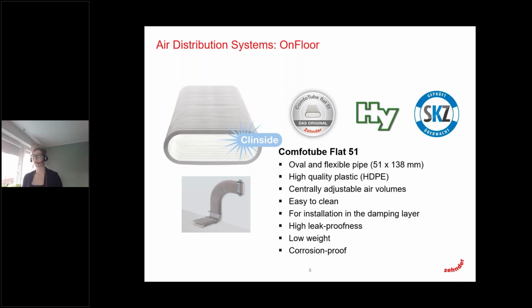It has high leak proofness and low weight, and another good point when we are focusing on hygiene is that this product is corrosion proof. Therefore, it is good for the installer as it's easy to install and lightweight, and also good for the health of those who are afterwards living in the house where this system has been installed.